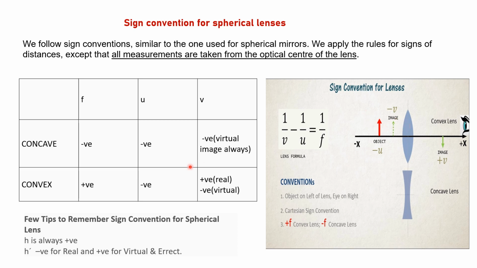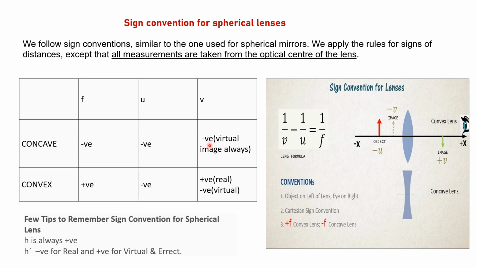So u is always negative, even in case of mirrors and lenses, so there shouldn't be any confusion. Now in case of concave lens, v is the image distance, and the image was always formed on the left-hand side.